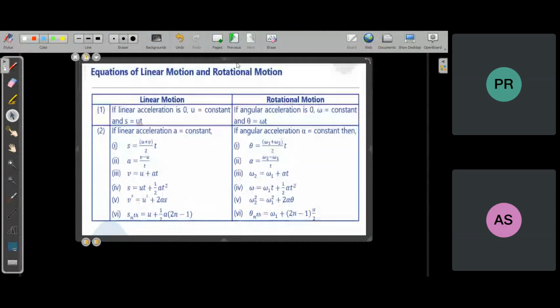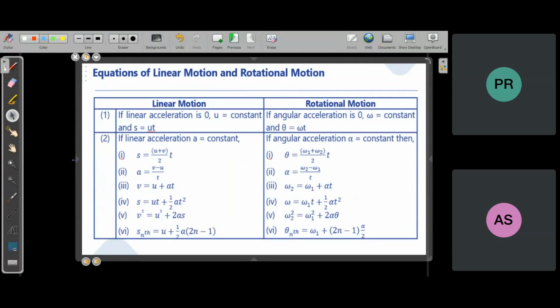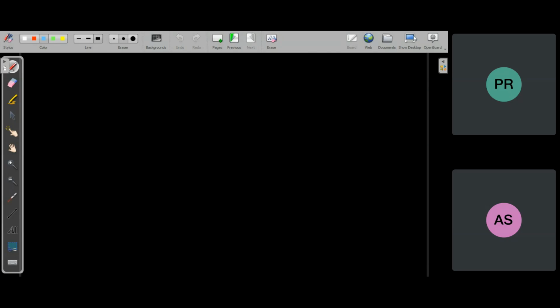Now here you can see these are the equations of motion. In linear motion, you use these equations when linear acceleration is constant. And in angular motion, you again use these equations when angular acceleration is constant. You already know all this, right?